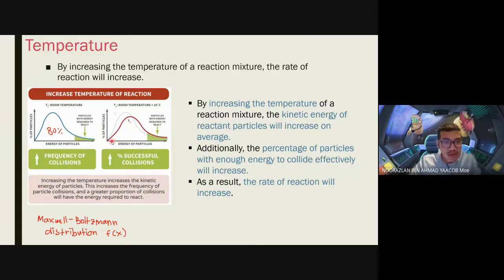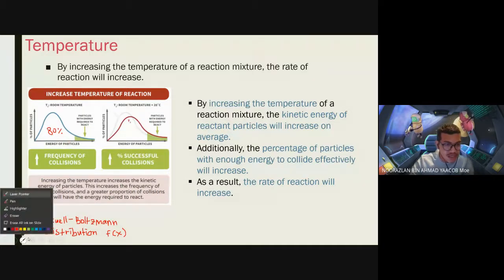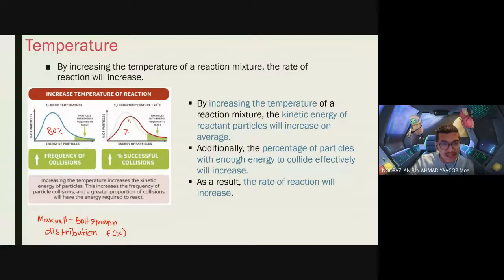Tapi apa yang berlaku apabila kita increase temperature, graph ni dia condong ke kanan. Maksudnya macam kita tekan untuk tolak ke kanan. Kalau ini 80, apabila kita increase temperature, this could be about 70, let's say 73% lah. Okay.